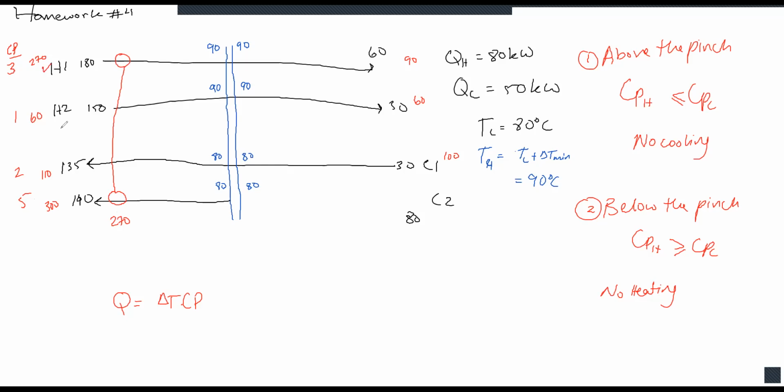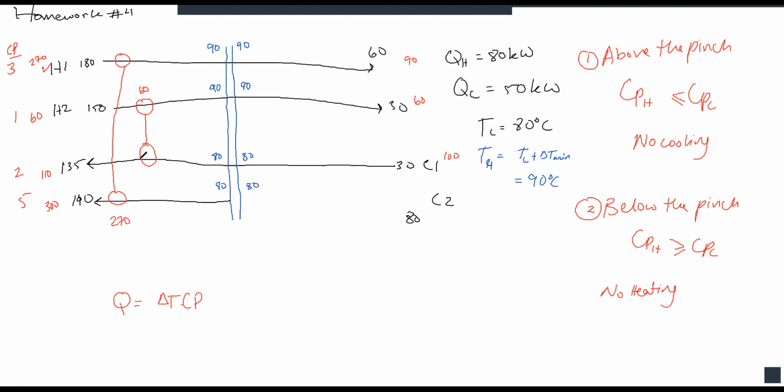Can I transfer from H2 to C1? The hot CP here is 1, the cold CP here is 2. Yes, so I can make this transfer. So I'm going to connect this stream to this stream using a heat exchanger. And stream H2 has 60 kilowatts above the pinch. Stream C1 needs 110, so there's 60 kilowatts to be transferred.